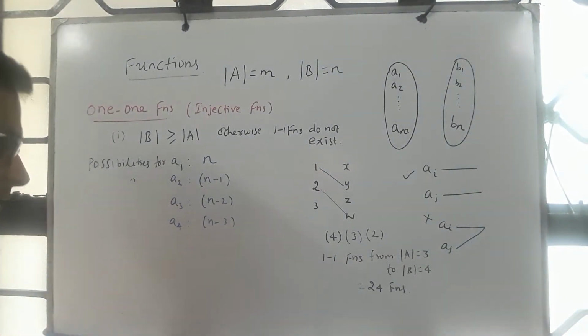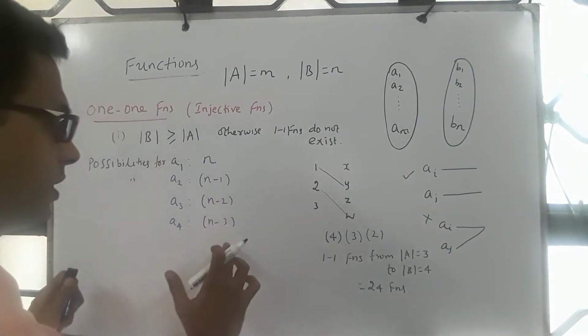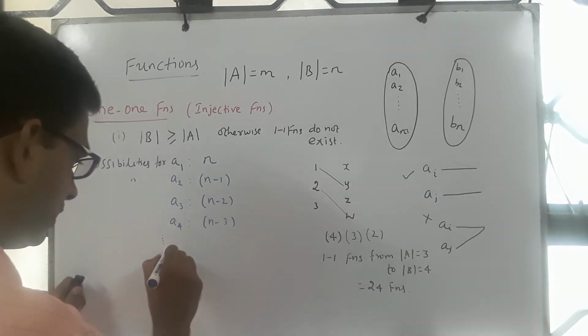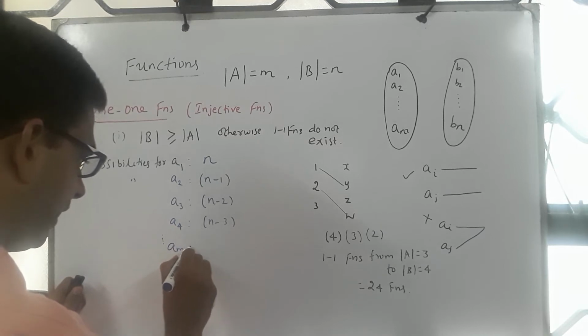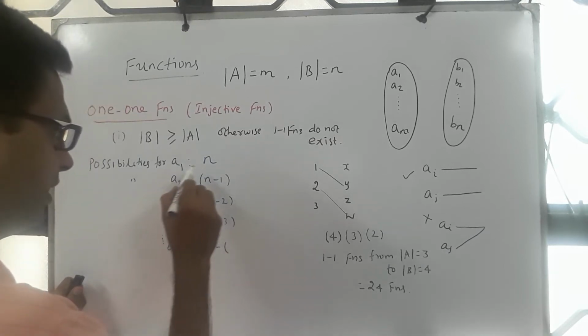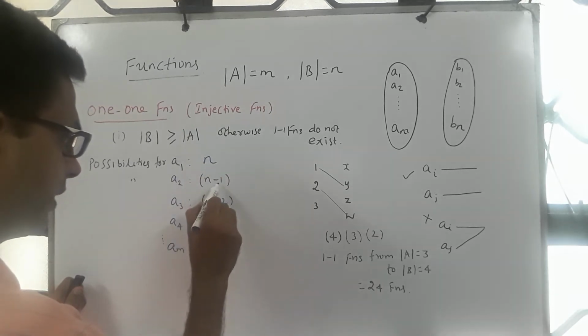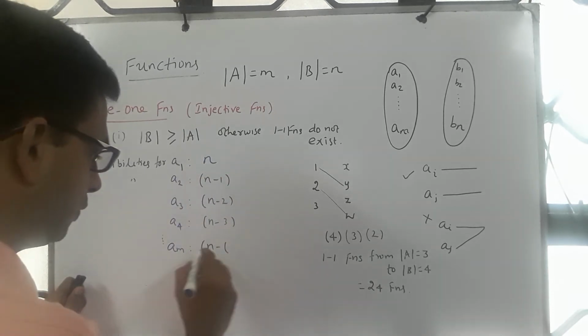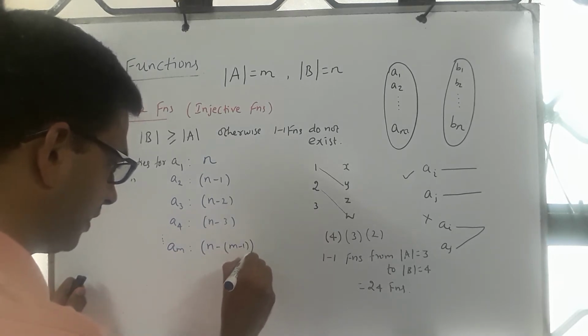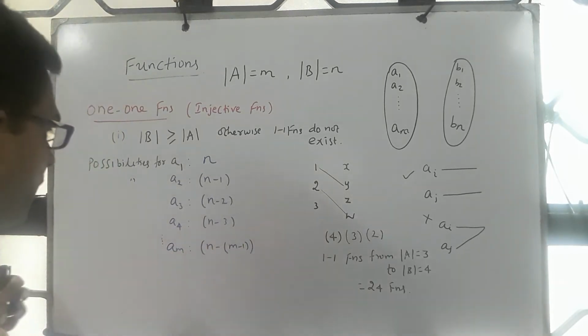So the possibilities for A4 is n minus 3, and like this it goes. Possibilities for Am: if it is 1 it is n minus 0, if it is 2, n minus 1, 3, n minus 2, if it is m it is n minus m minus 1 possibilities.